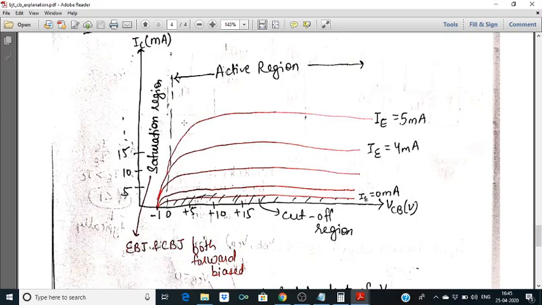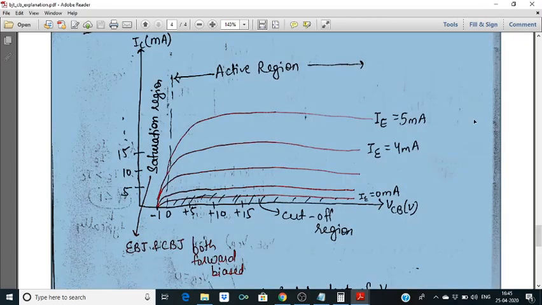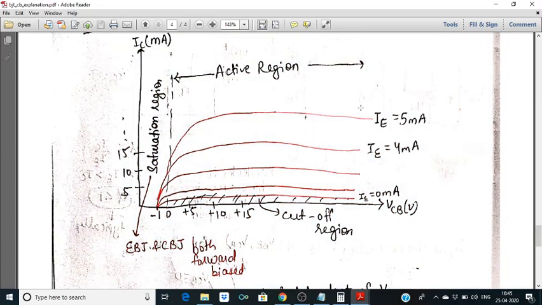Now after this region, for positive VCB, the collector base junction is reverse biased while the emitter base junction is forward biased. So we have moved to the active region. In this region we can see a flat curve, meaning the IC current is not changing with respect to VCB. When IE is equal to 0 milliampere, this region is the cutoff region.